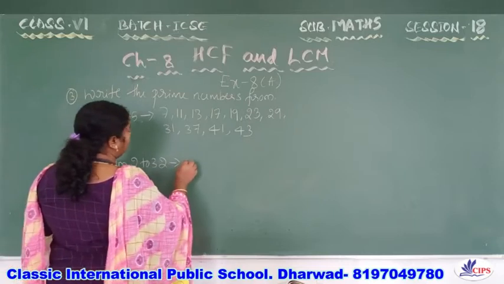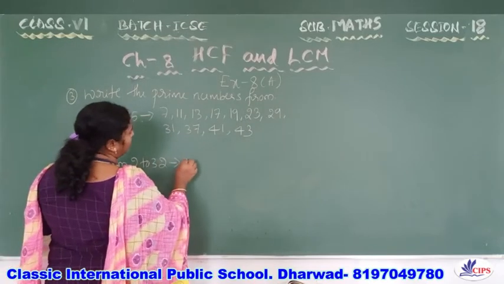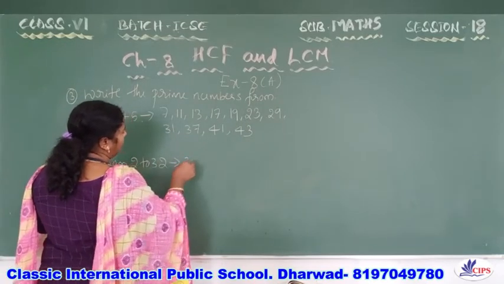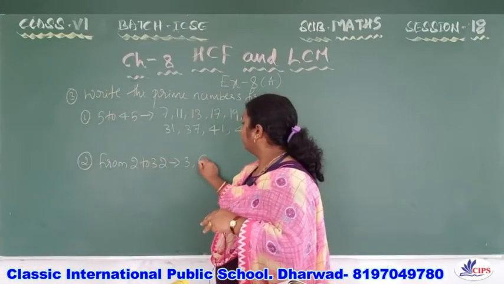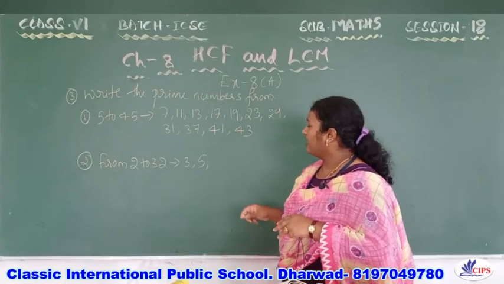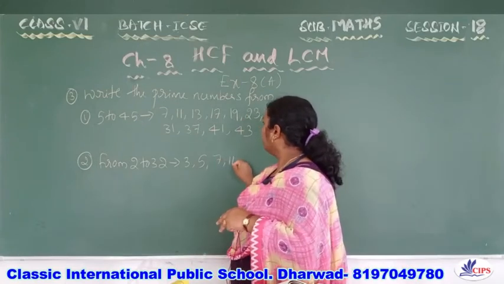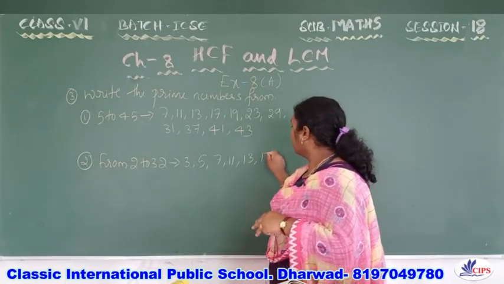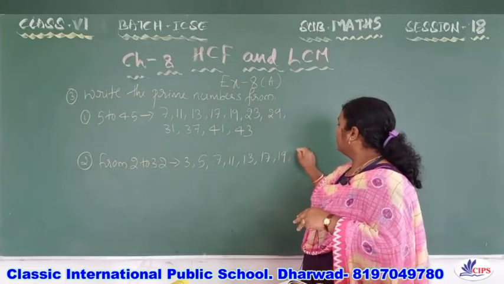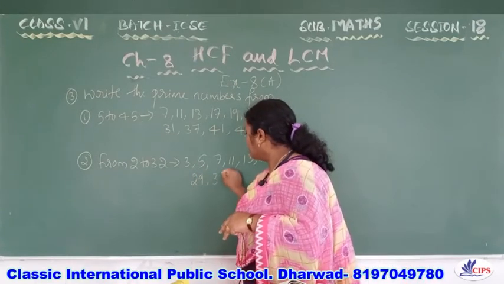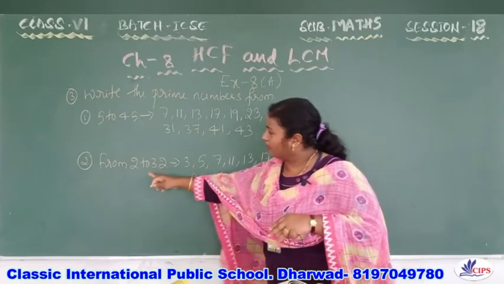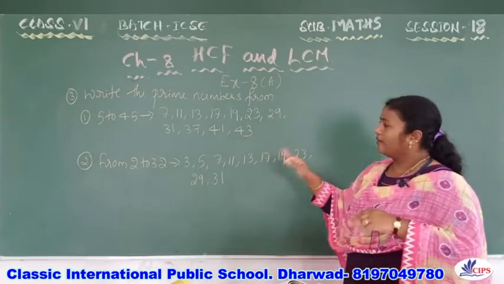So from 2, after 2 it is 3, then 5, after that 7, 11, 13, 17, 19, 23, 29 and 31 is the last, because they told from 2 to 32 you have to write the prime numbers.